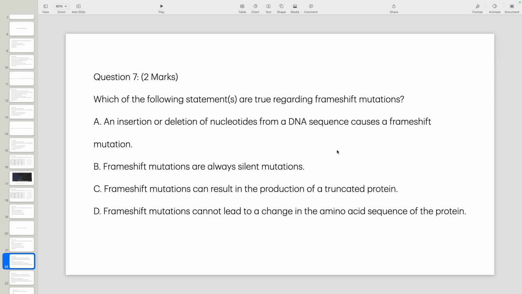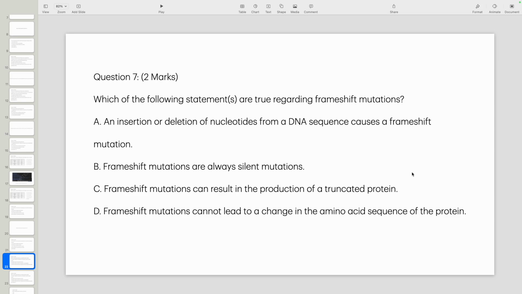We have one option, A and C. Are there any other options that might be true apart from A and C?